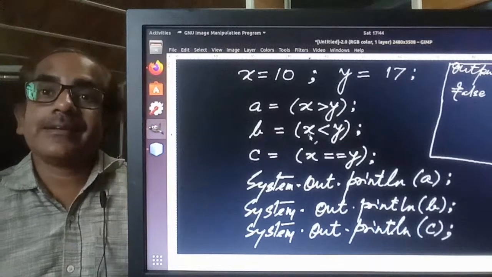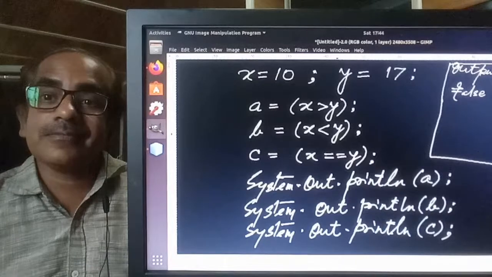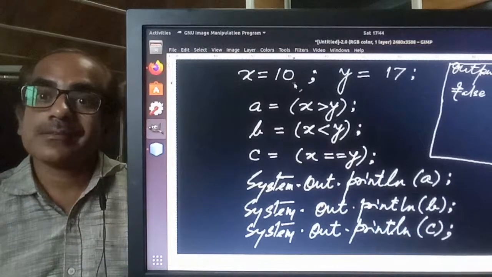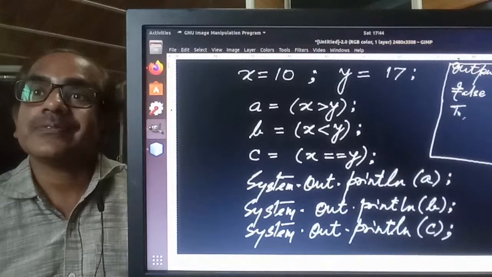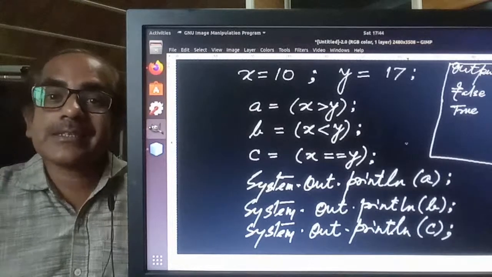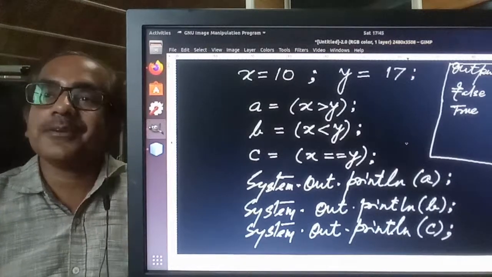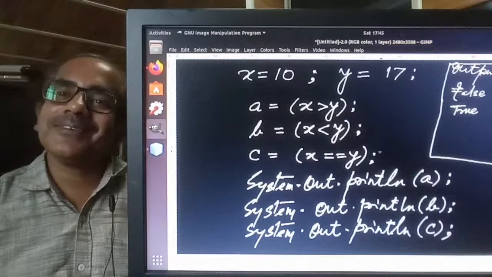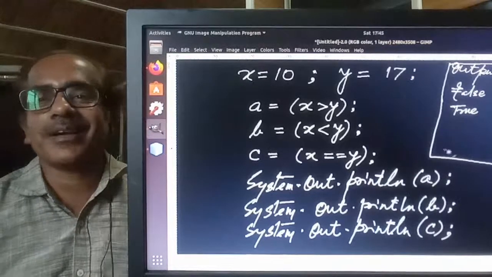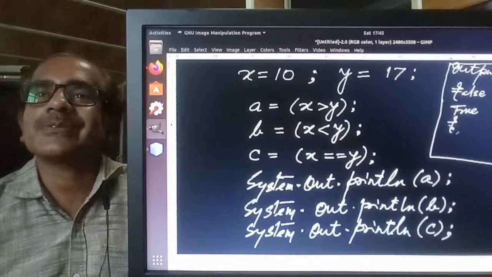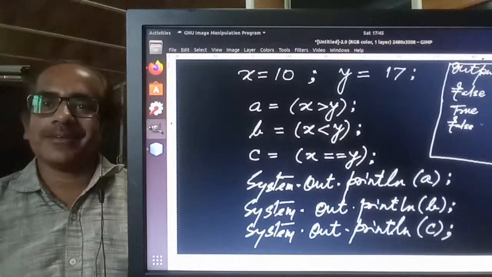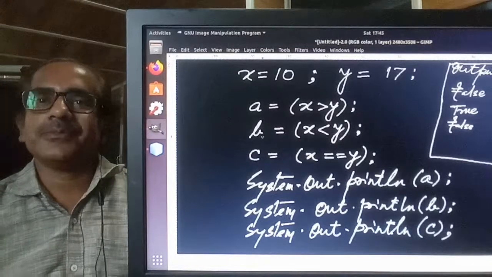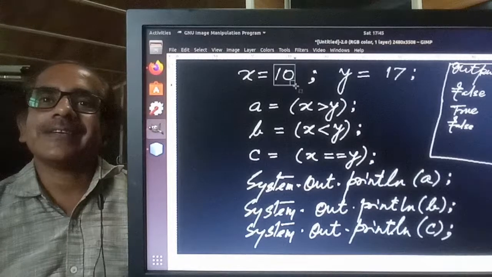Then another test. Is x less than y? Oh yes, x is less than y. So this will return true. Is x equal to y? Certainly not. When one is declared true, the other two will become false. So this is also false. So this will appear in the output. Similarly, if you take some other set of values, suppose for x you take a different value.